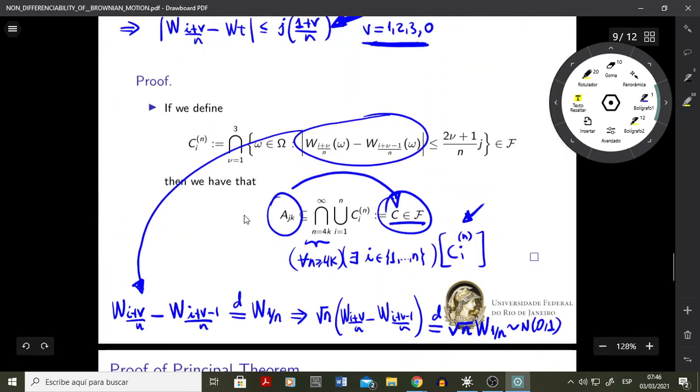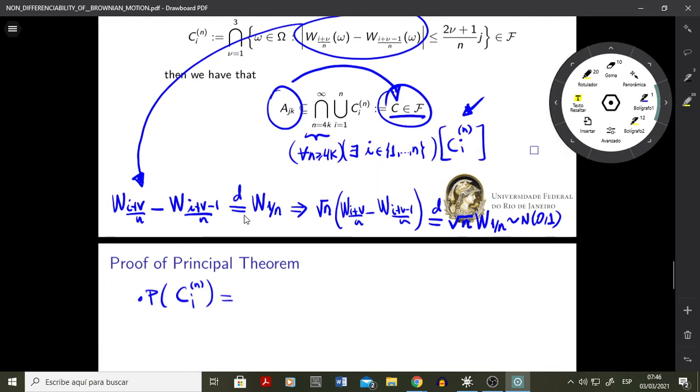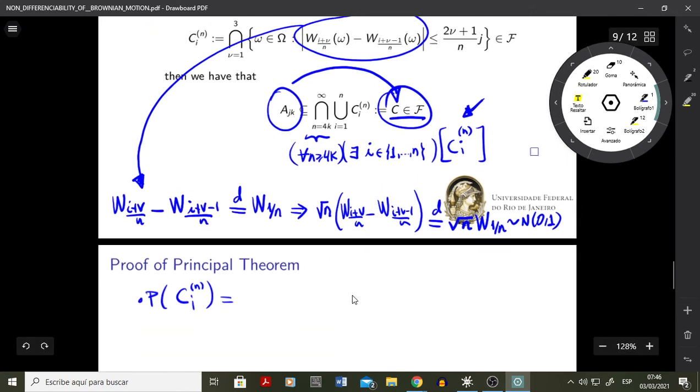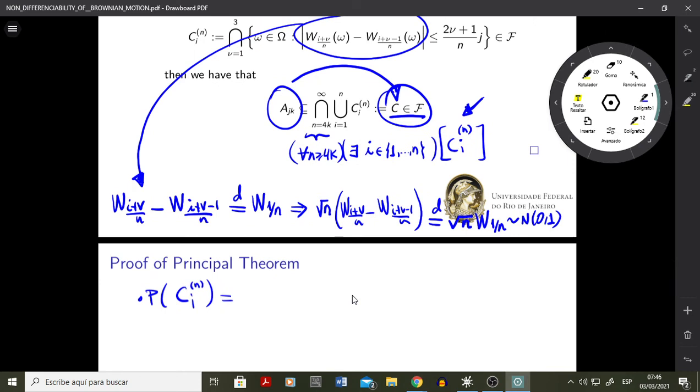So by the properties of the Brownian motion, that it has independent increments, we have that these three events are independent. So the probability is this product.